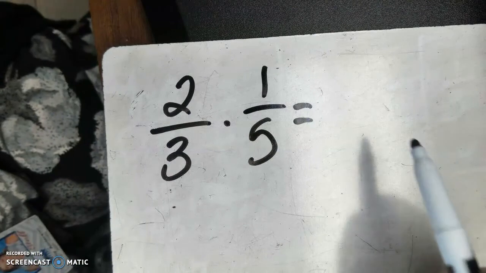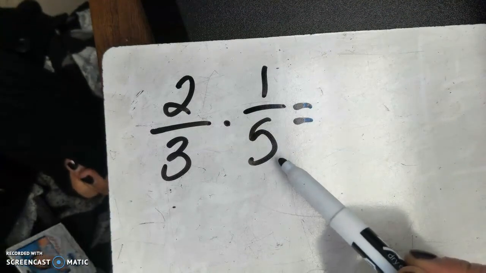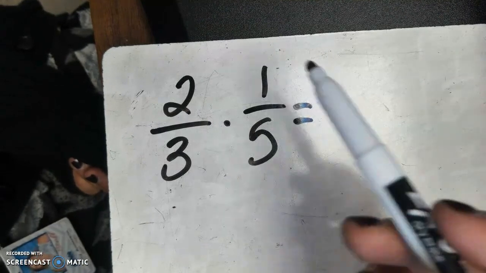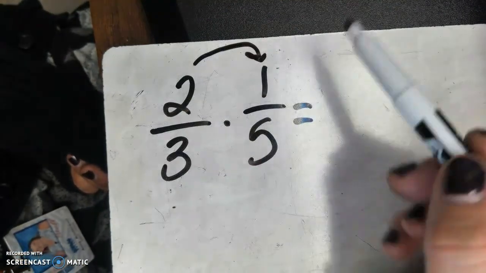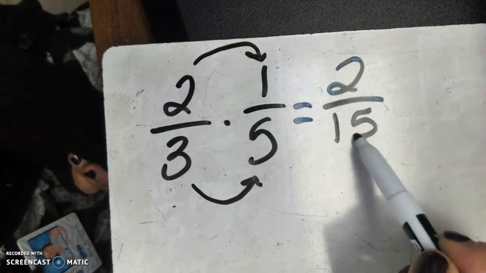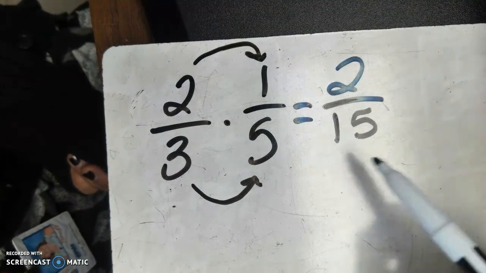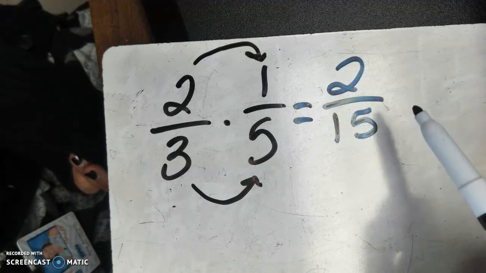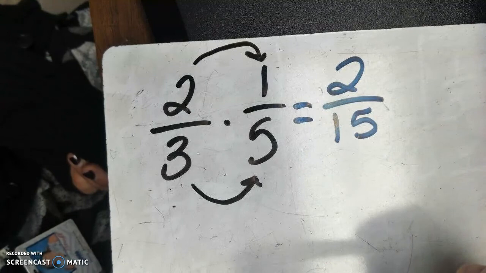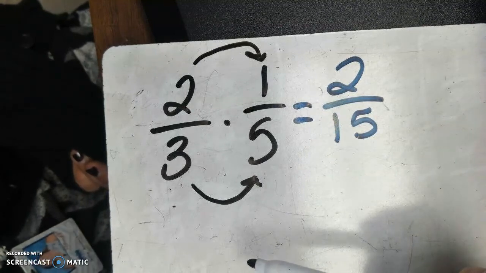What I'm really saying is, what is 1/5 of 2/3? So in this case, rules: multiply the numerators, multiply the denominators. Can I reduce? No. It's as easy as that. So 1/5 of 2/3 is 2/15.